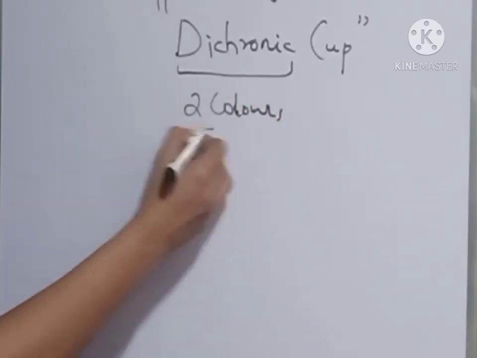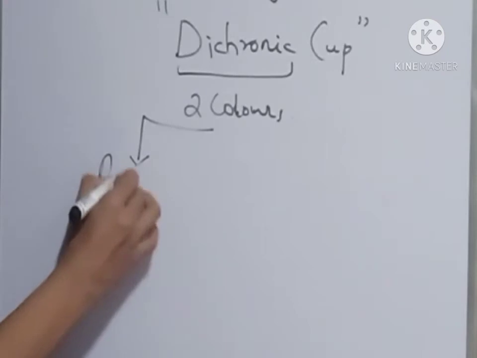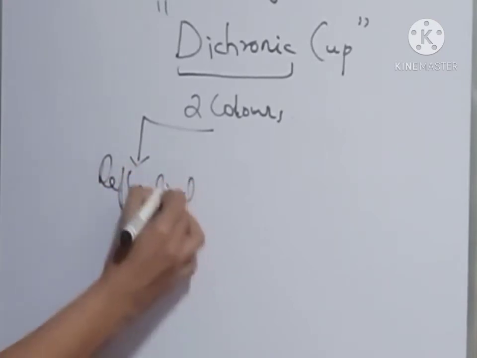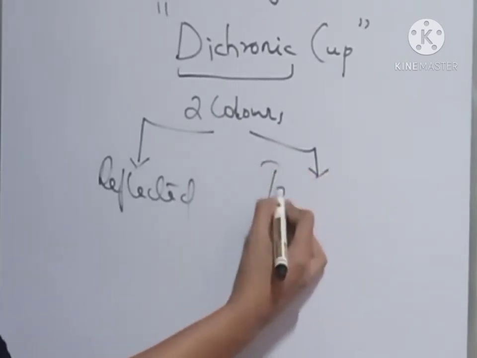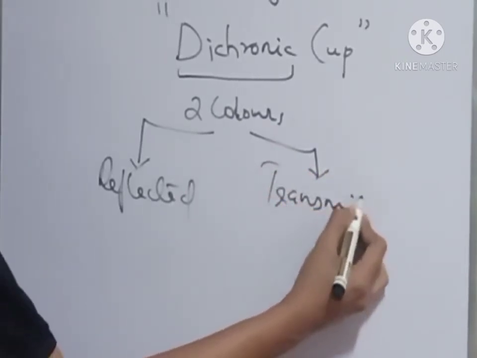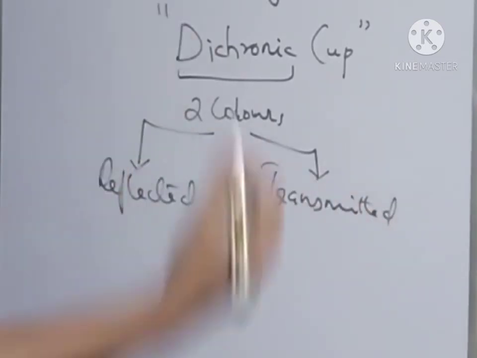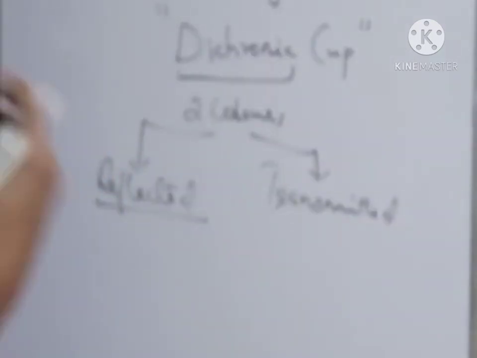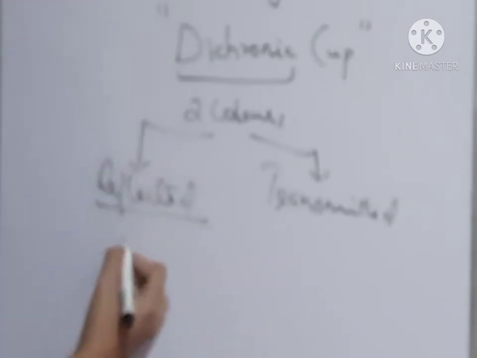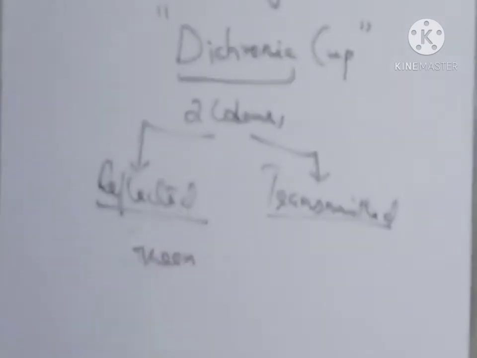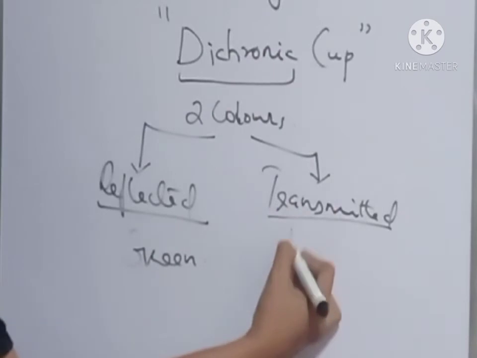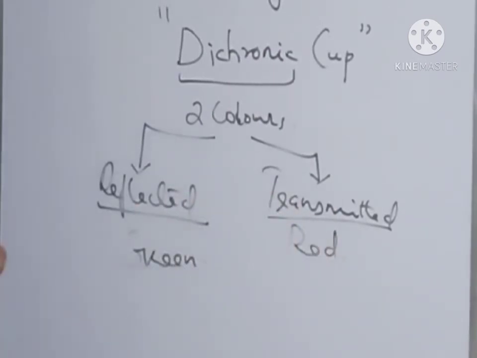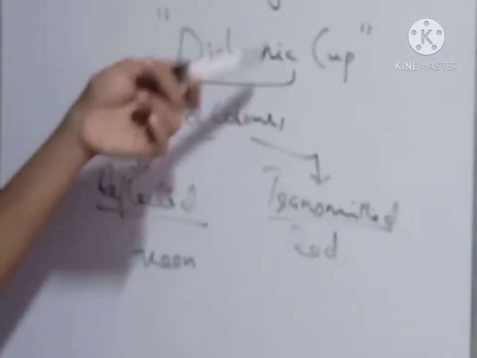That means in reflected light, it shows one color, and in transmitted light, it shows another color. That is, when light is incident on the surface of this cup, it appears green. But when light is transmitted through this cup, it appears red. That is why this is known as dichroic cup.